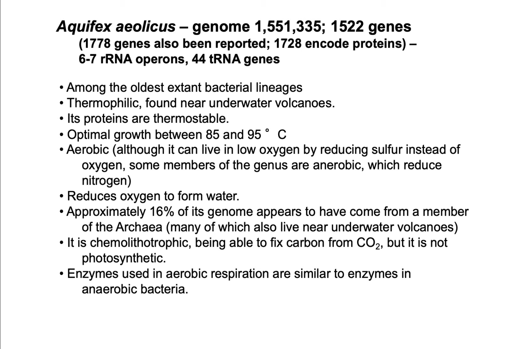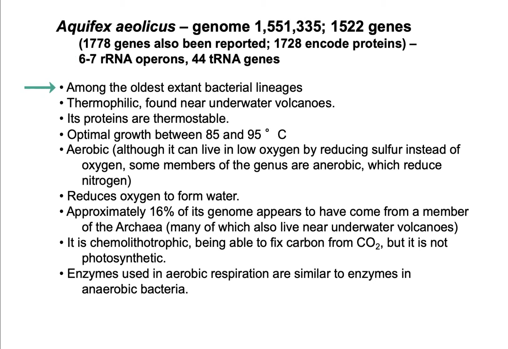Remember when I was talking about free-living organisms, the cutoff's about 1.2 to 1.3 million base pairs between a free-living organism and a parasite or a symbiont. 1,522 genes; 1,778 genes were reported in a different study. 6 to 7 ribosomal RNA operons, and so this is enough so that they can have a doubling time as rapid as every 20 to 30 minutes, and 44 tRNA genes.